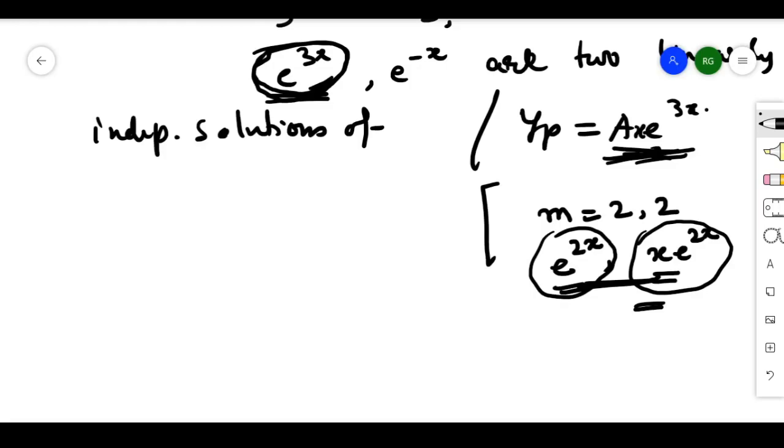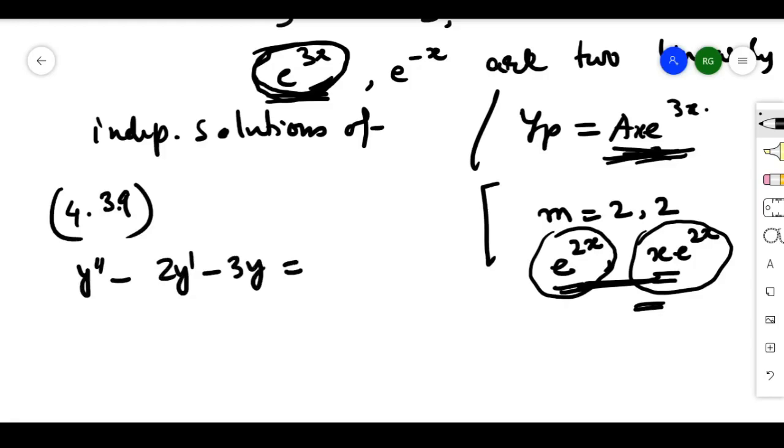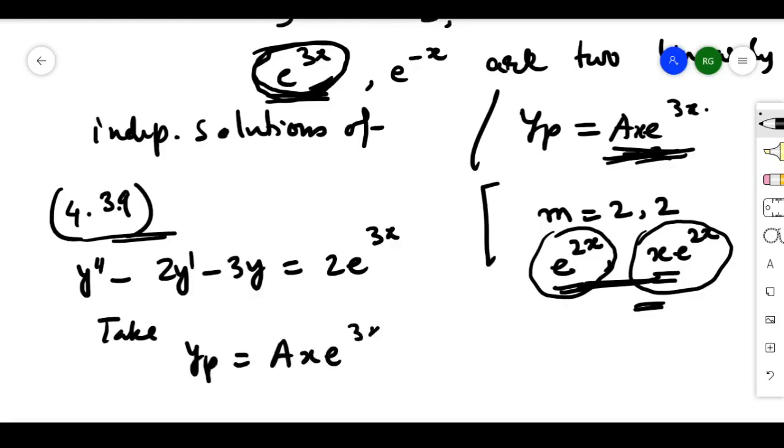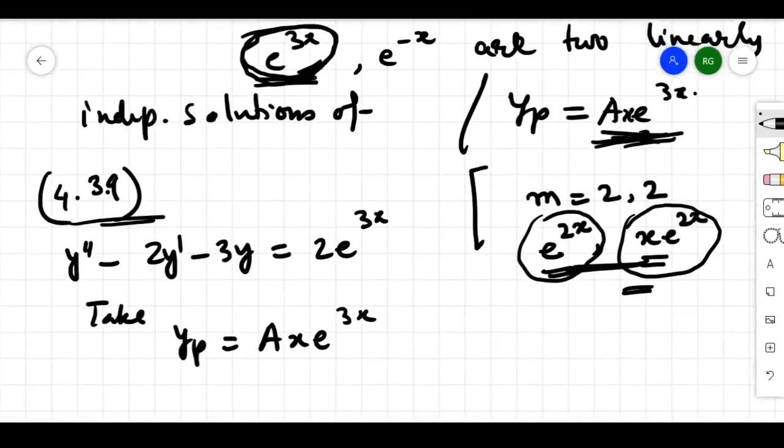So to get the particular integral of 4.39, that means y double prime minus 2y prime minus 3y is equal to 2e to the power 3x, that was 4.39, we take yp is equal to ax e to the power 3x. So that is the trick, or that is the thing that you should learn here.